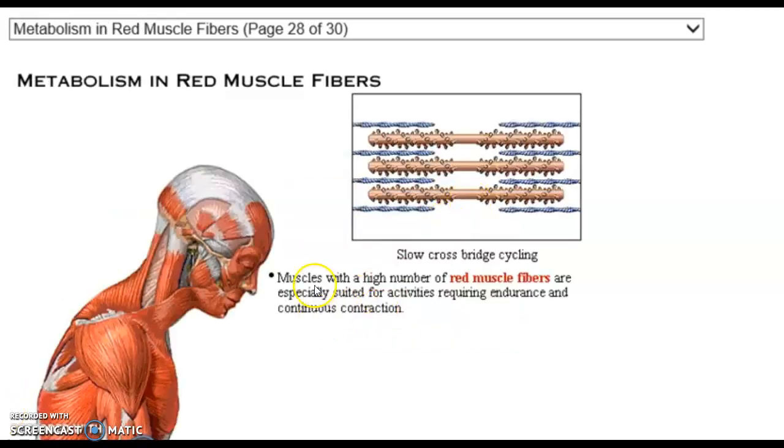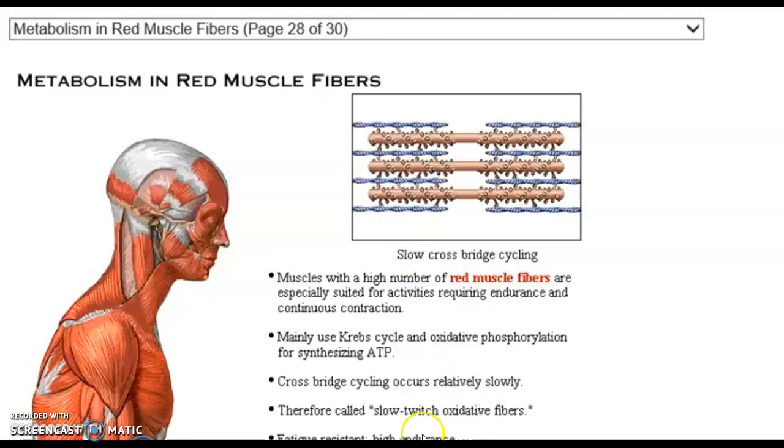Okay, now we're going to find a lot of the slow twitch, red muscle fibers especially in muscles for our posture, muscles that can hold in place for long periods of time without fatiguing. Again, these slow twitch fibers are the red muscle fibers because they have a lot of myoglobin in them.